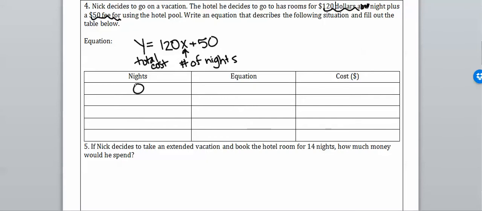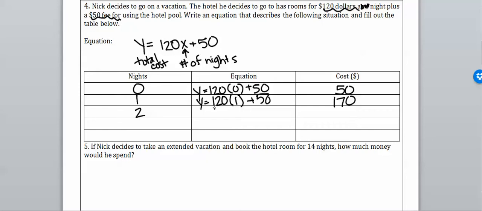So if we stay for 0 nights, it's 120 times 0 plus 50, and that's going to equal our y. So if we just want to use the pool but not stay there, we pay them $50. For 1 night, it's 120 plus $50, or $170.